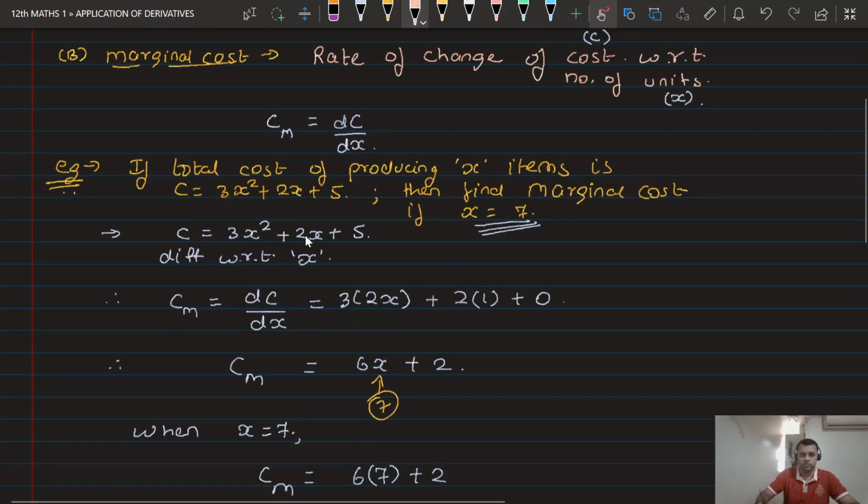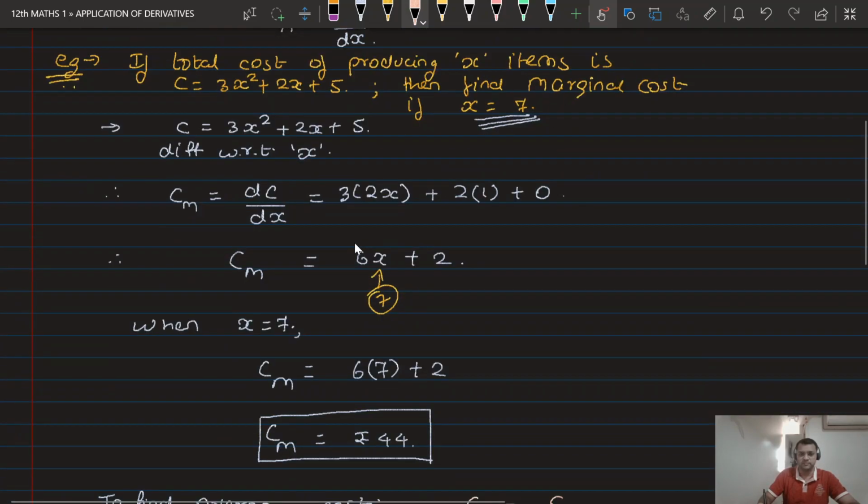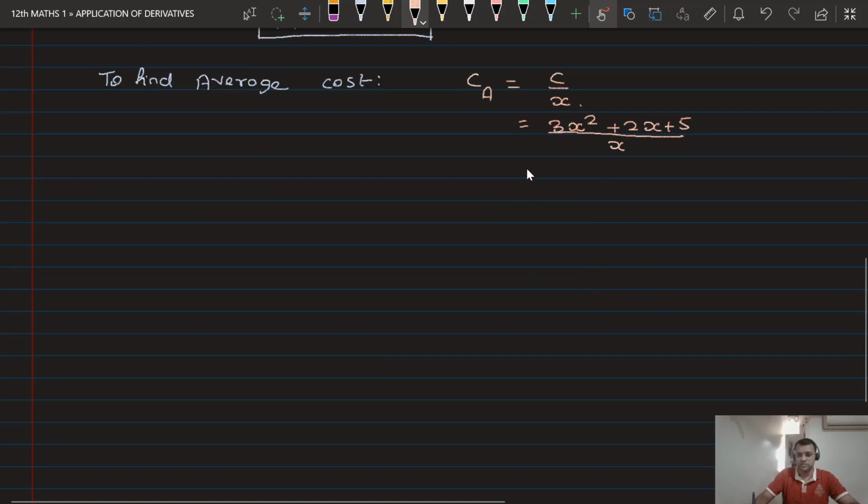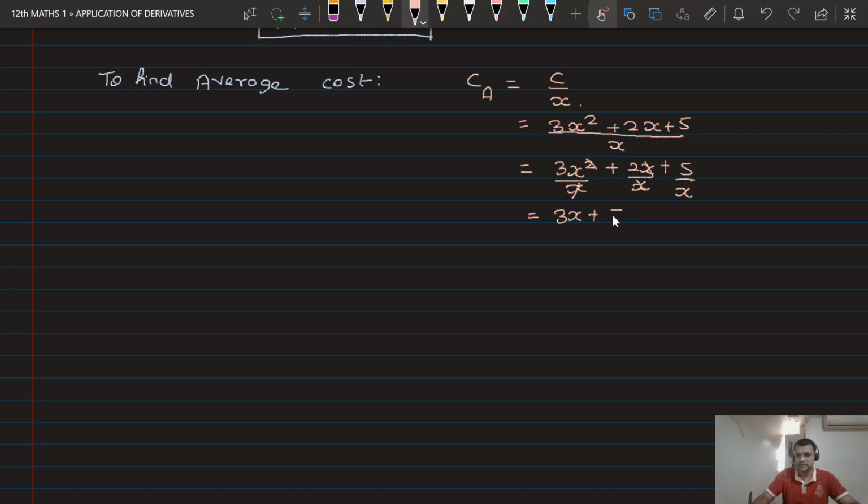We had seen that the total cost is 3x square plus 2x plus 5 divided by x. So just divide all the terms over here separately. Plus 5 by x. Cancel off these both terms. So I will get 3x plus 5 by x plus 2, that becomes a constant.